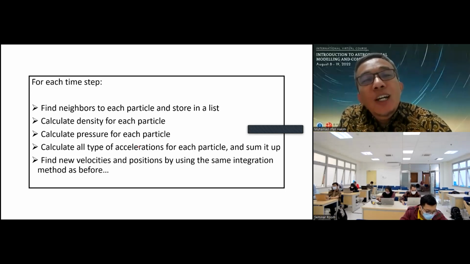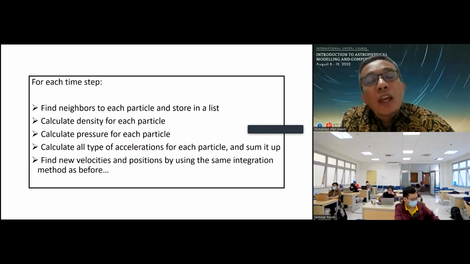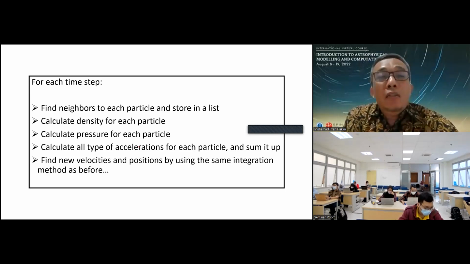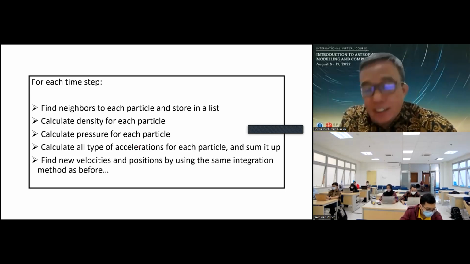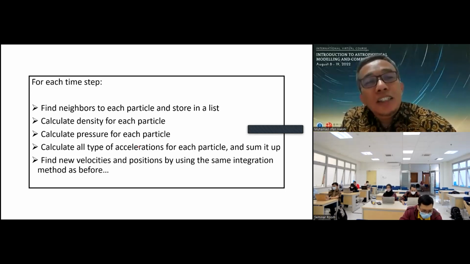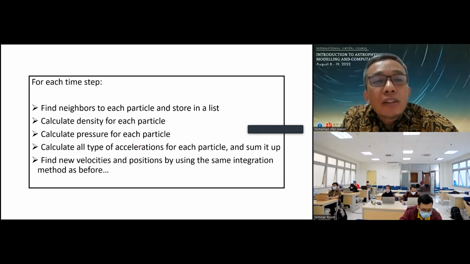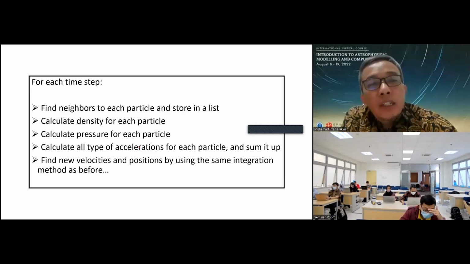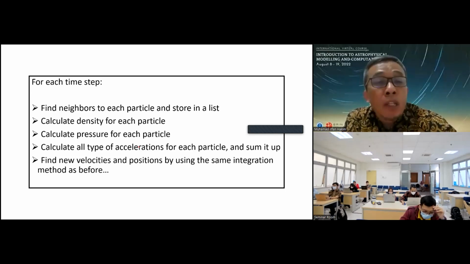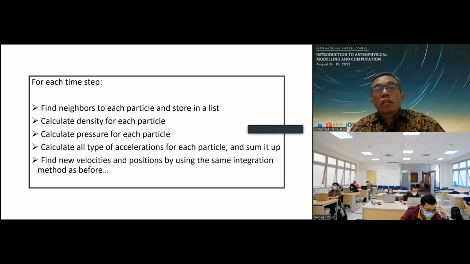Imagine that if you are in a particle, because you follow the particle, every time step you have to look at around how many neighbor do I have and store it in a list, and then you calculate density for each particle, calculate pressure, calculate all type of acceleration, and sum it up, and of course calculating the velocity and position. Okay, by using the same integration method.